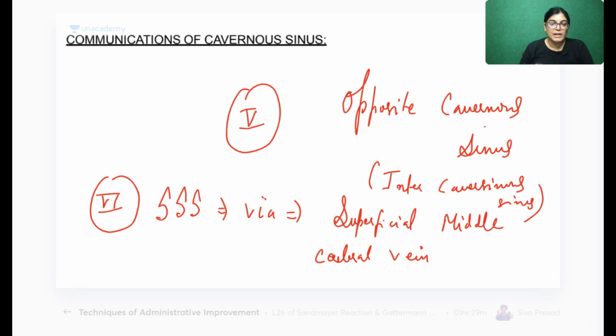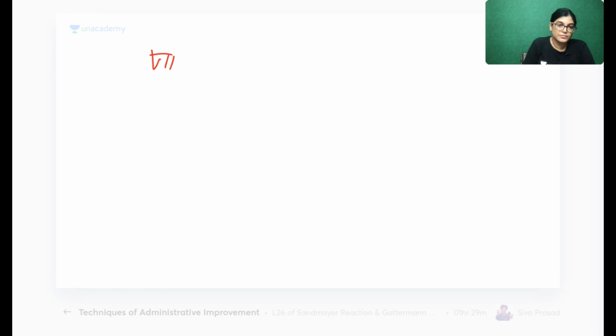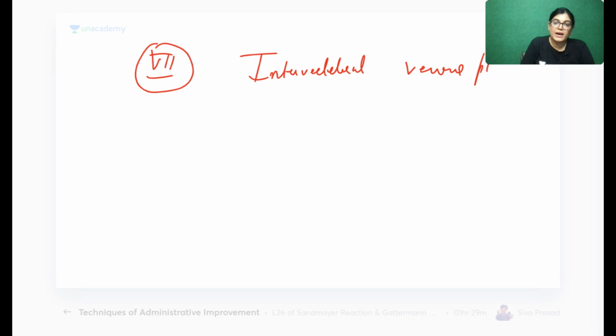Now, the next is intervertebral venous plexus. It also communicates with intervertebral venous plexus via basilar venous plexus.